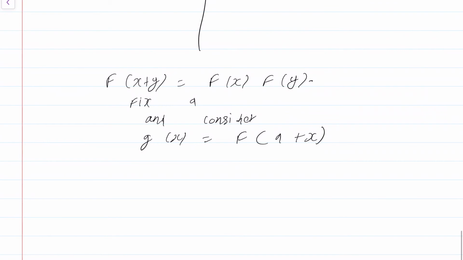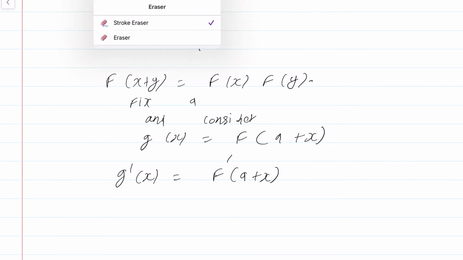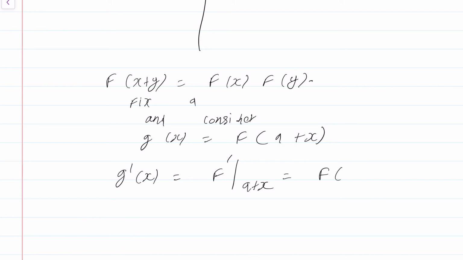Now differentiate. g prime of x would be f prime at a plus x times the derivative of what is inside by chain rule, but the derivative of what is inside is just 1. So g prime of x is just f prime of a plus x. Again, for clarity, f prime evaluated at a plus x, which is just f of a plus x, which is equal to g of x.